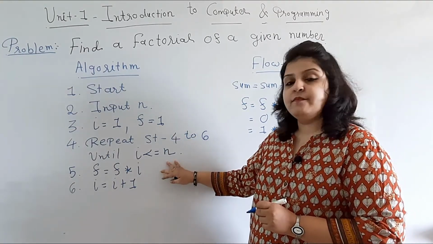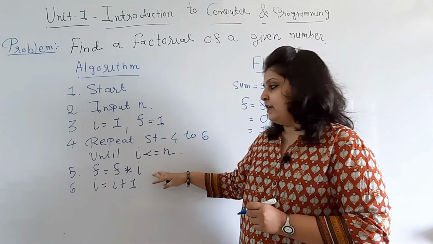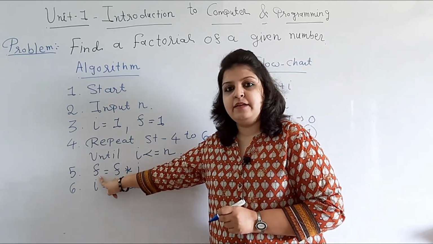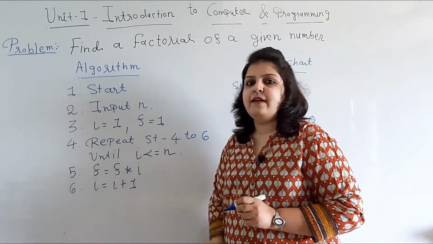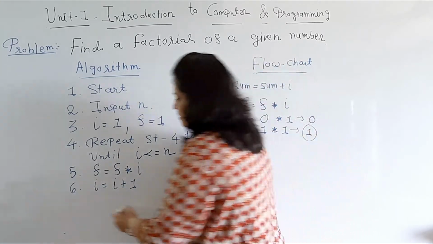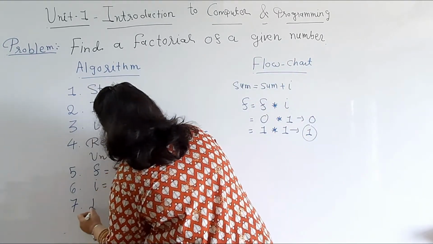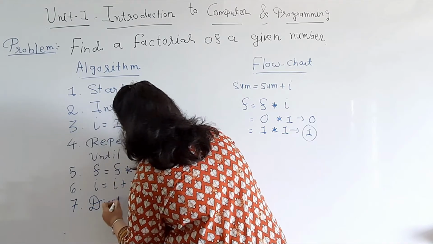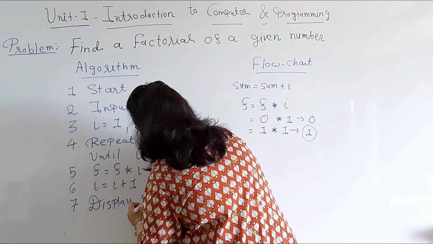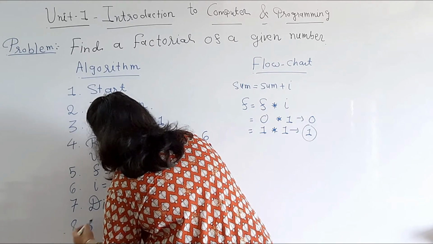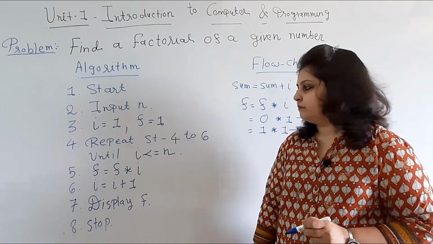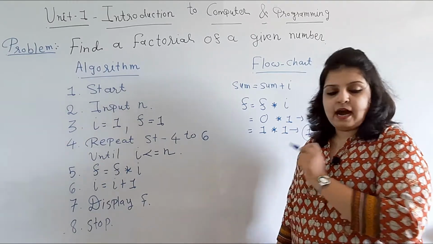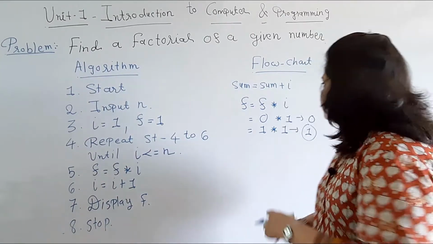When this condition becomes false, our final answer will be stored in our variable f, like the sum variable. So we have to display the value of f. So here, display f, and last is stop.